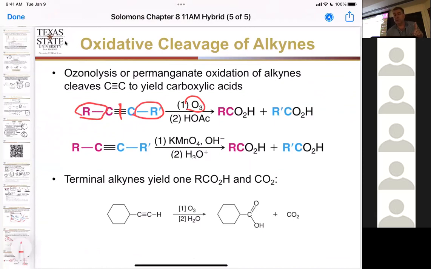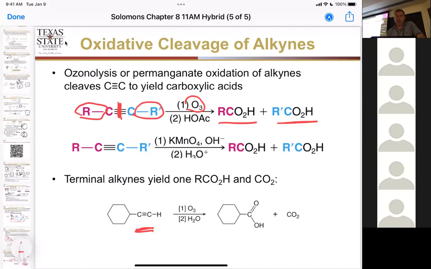So that means we'll only get carboxylic acids out of it. Now, if it's symmetrical, you're going to get the same carboxylic acid, just 2 equivalents of it. If it's unsymmetrical, you're going to get 2 different carboxylic acids. And so then you'll have to figure out a way to separate. So let's look at this unsymmetrical one here.